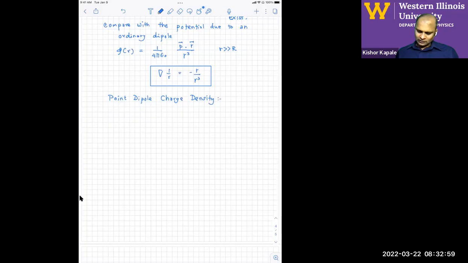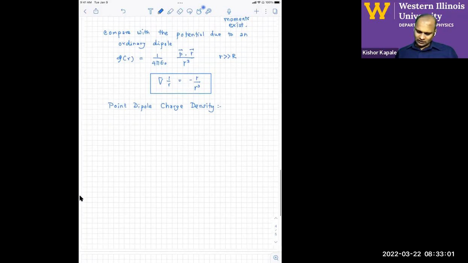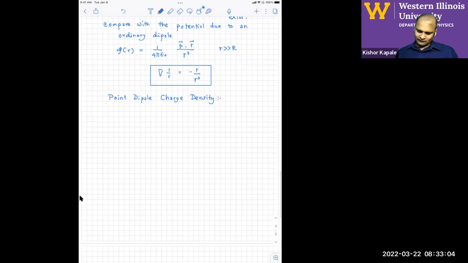And the way we think about this is, once we know the scalar potential, let's say you have a way to measure scalar potential. You can measure scalar potential experimentally, not directly.